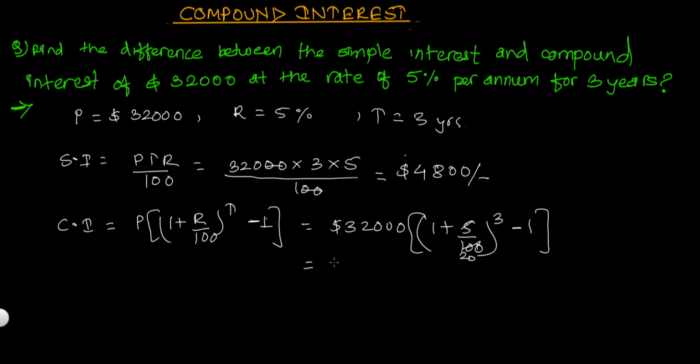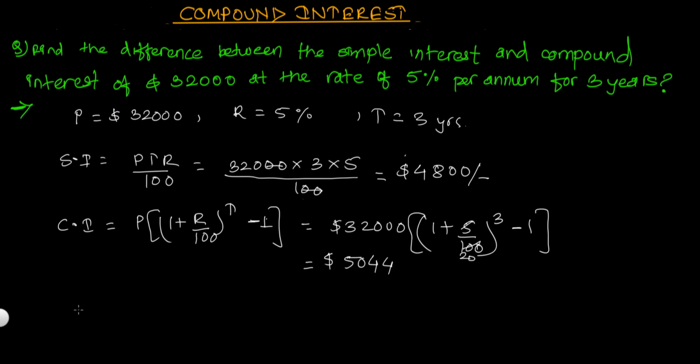We have to subtract 1 from that to get 0.157. On multiplying this with 32,000 we get $5,044. So our compound interest is $5,044.